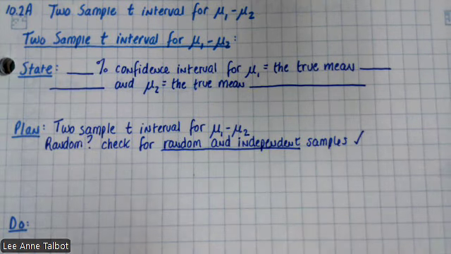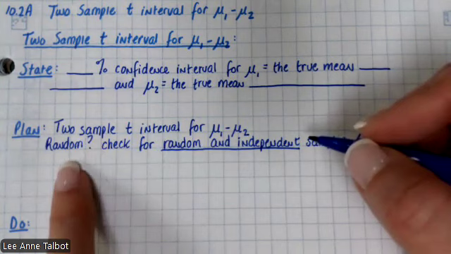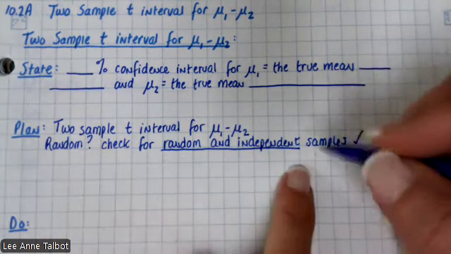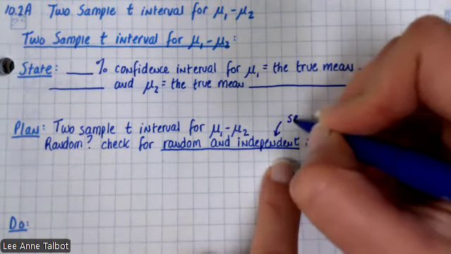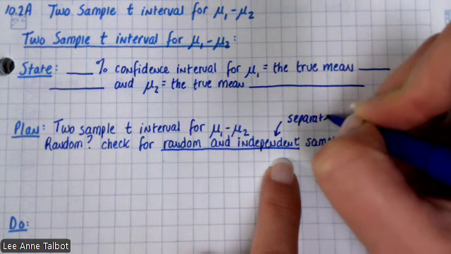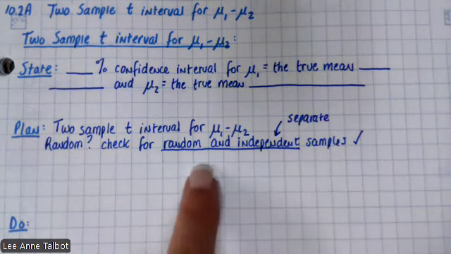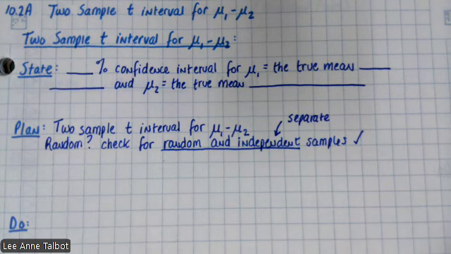So if you don't like the word independence here because the 10% check condition is checking for independence, separate. You can say random and separate samples if that word is better for your brain and not overusing the word independence. Okay.